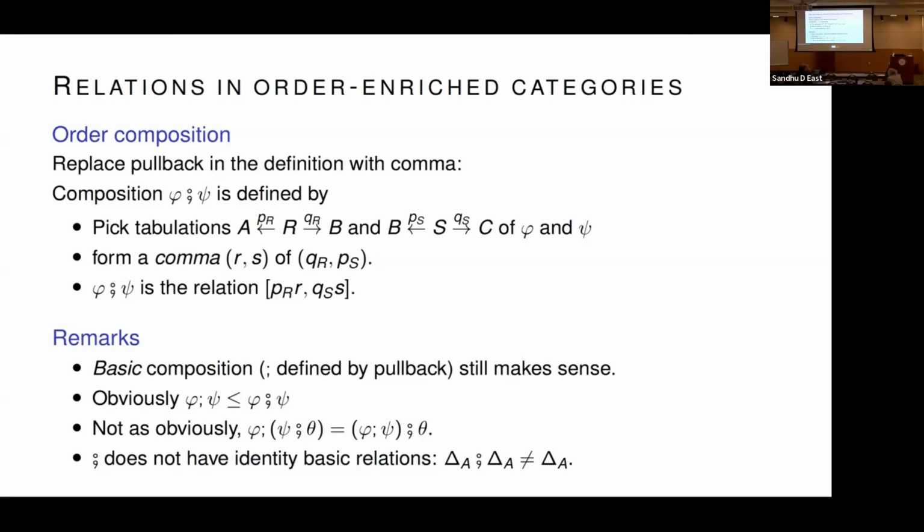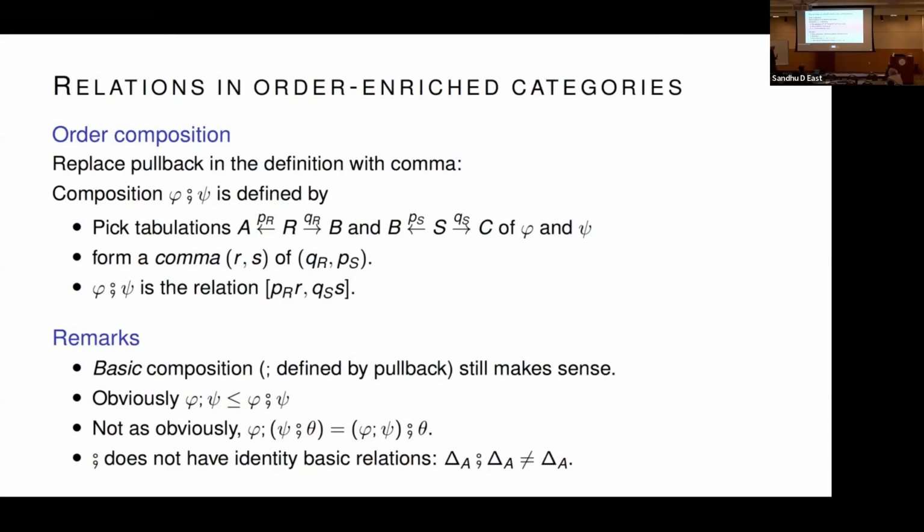So I form my two new legs, and then again I use the factorization system to make this into an epimorphism followed by a monomorphism. So that's my new composition by way of commas instead of by way of pullbacks. And the original basic composition still makes sense because I have all finite limits, so I also have pullbacks.